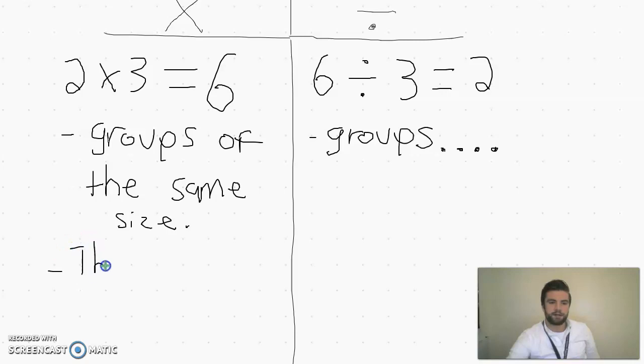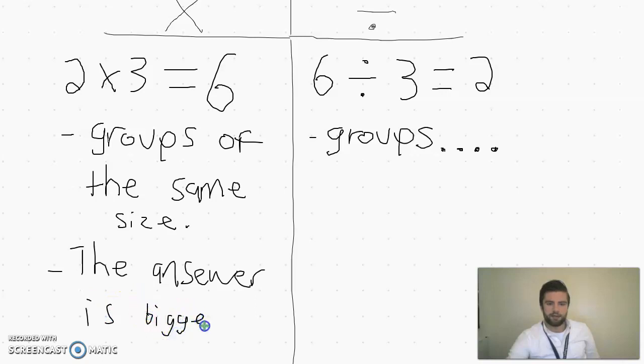So let's say the answer is bigger. And then on the other side, what do you notice about the answer to this problem? Yeah, the answer is smaller than the number that we start with. So we'll say the answer is smaller.